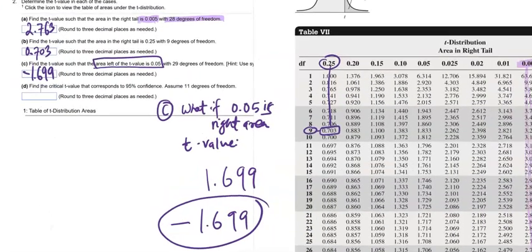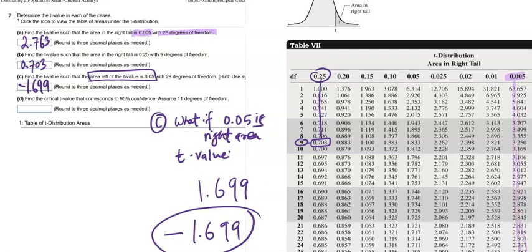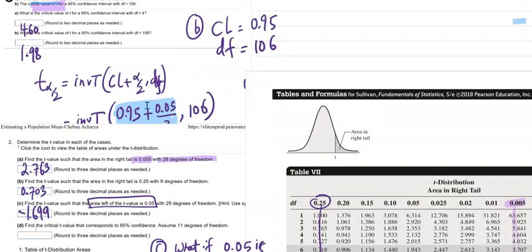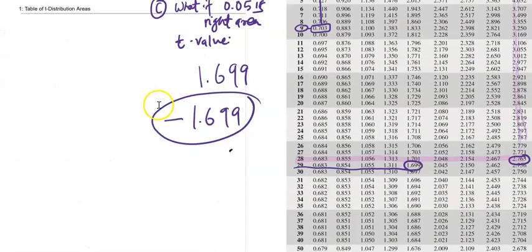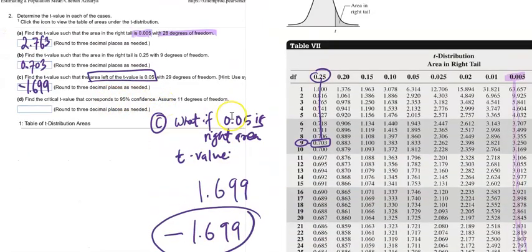So part D: find the critical t value for 95% confidence with 11 degrees of freedom. So for 95% confidence, what's the right area going to be? We did that before. For 95% confidence, you need the right area to find the critical value for t. So let me draw that picture. That's what it looks like.